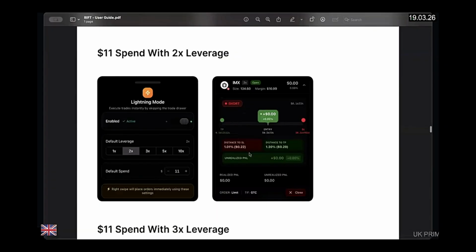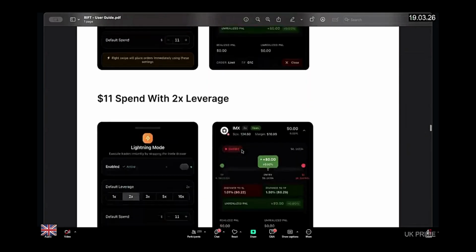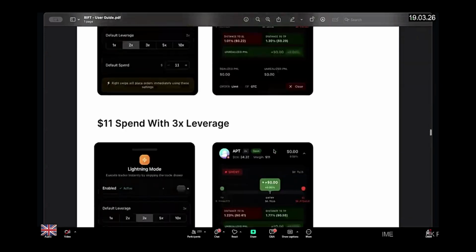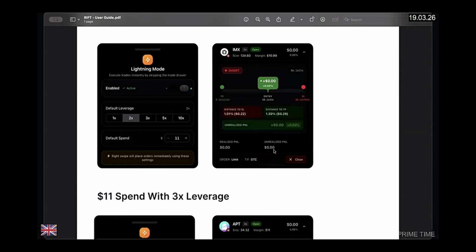So let's see the $11 spent with 2x leverage. The opportunities are going to be different. Distance to stop loss will become from 10 cents to 20 cents, and the profit from 17 cents to 29 cents. So this is the difference, what sort of configurations you use, and depending on these configurations, the opportunities that you see, they also all get altered.